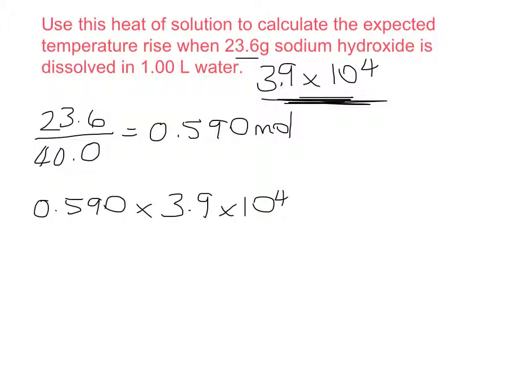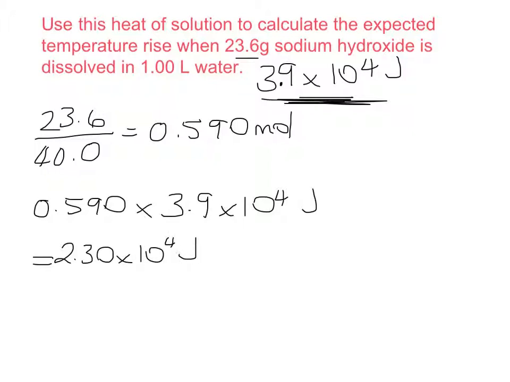Actually, I should put the point in there to make that clear. And that's in joules. Better write that up there too. When we put that in our calculator, we're going to see that we're using 2.30 times 10 to the 4 joules.